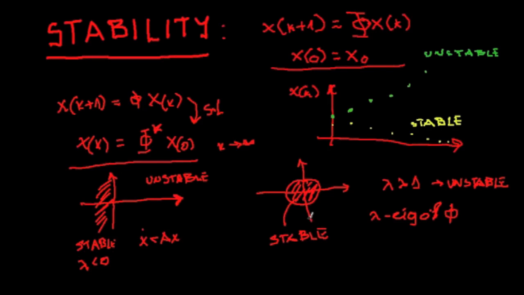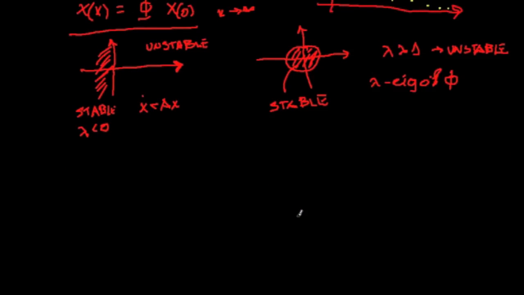And how do we find out now about that? There are several ways. Let us consider one of the simplest ways. Let us consider that we find a simple transformation x equals T z, such that we have T z(k+1) equals A or phi T z.